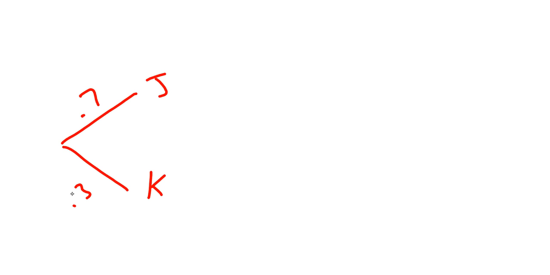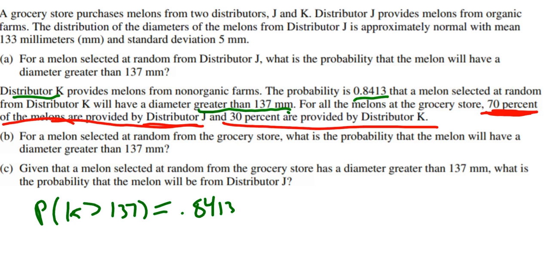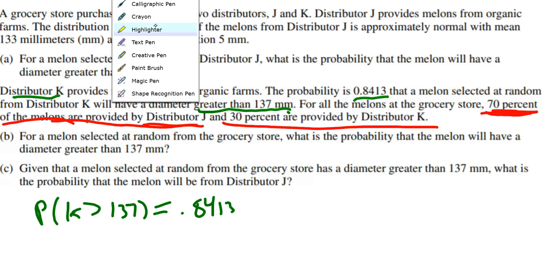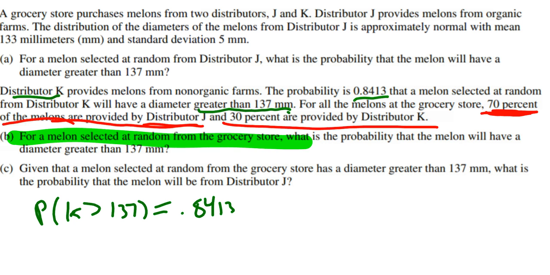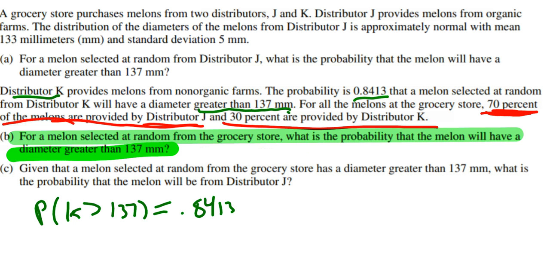Now, the problem seems to be concerned with whether or not the melons being produced have a diameter greater than 137 millimeters. And you notice that's what part B is asking. So if we look there, let's highlight this. Part B is saying, what's the probability that a melon picked from this store has a diameter greater than 137?